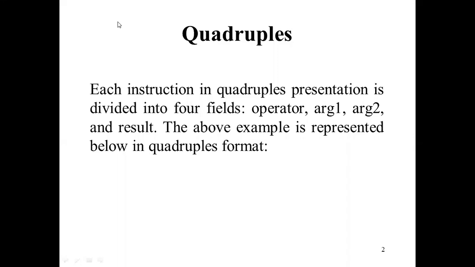Whatever we are going to save in different temporary variables, here argument 1, argument 2 and the result, these are called the temporary variables. So temporary variables are used to store the value of different arguments.